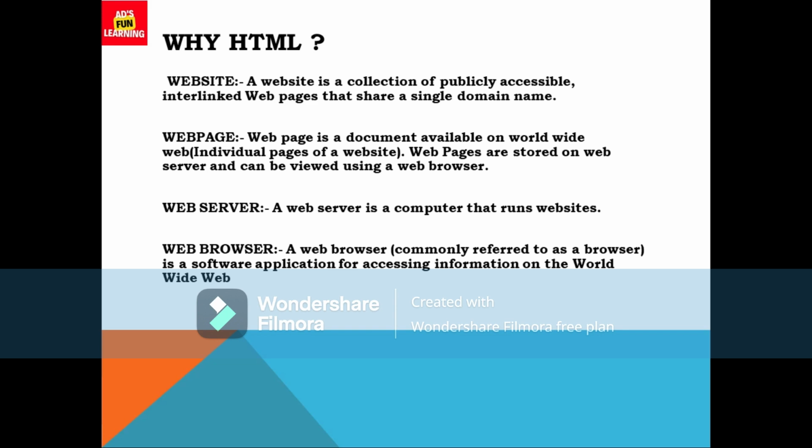If you open it, you will find that inside Wikipedia we have different tabs, like about us, like different contents. So these are different pages of the website, and the complete collection of pages is called website. An individual page of the website is called web page.